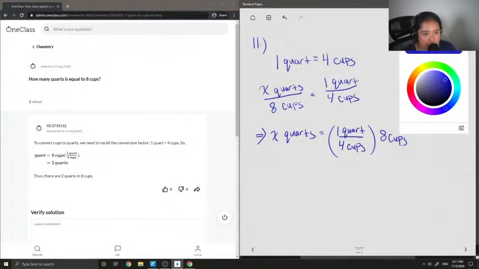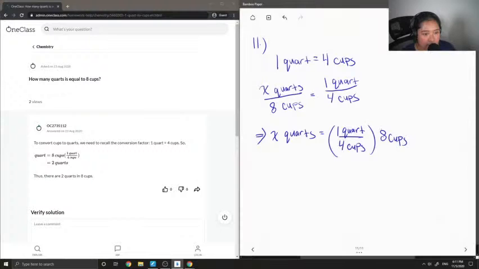You'll notice that our units should cancel out, and we're left with a value in quarts. So 1/4 times 8 is the same thing as doing 8 divided by 4. So X is equal to 2 quarts.